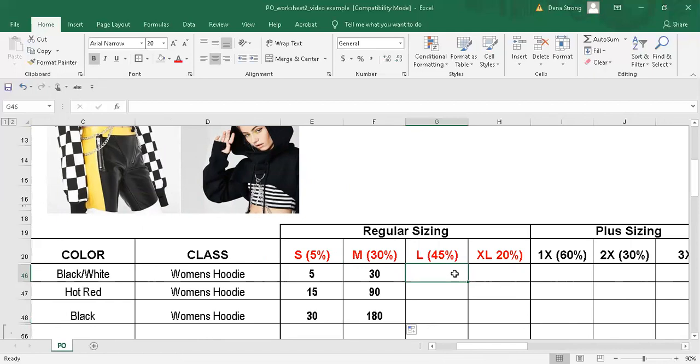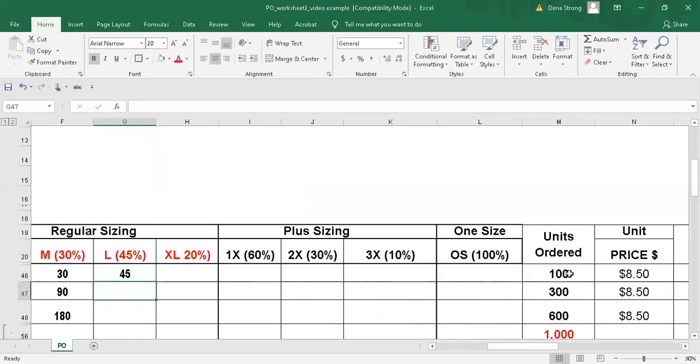Let's go to the next one. As you can see here, 45% of our customers are a size large, which you should know the average size customer in the US and Canada is a size 14, so that is a large. So equals 45% of our customers wear a size large, 45% times, again, let's go to the units ordered, 100.